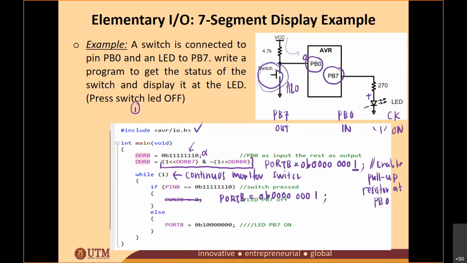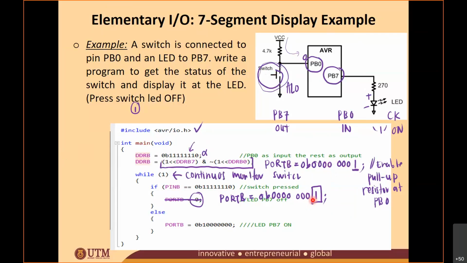Why 1? Why did I put 1 here? Can anyone tell me why I put 1 there, instead of using 0? Anyone? Can somebody tell me why I put 1 to my PORTB? Because this is how I enable my pull up resistor.